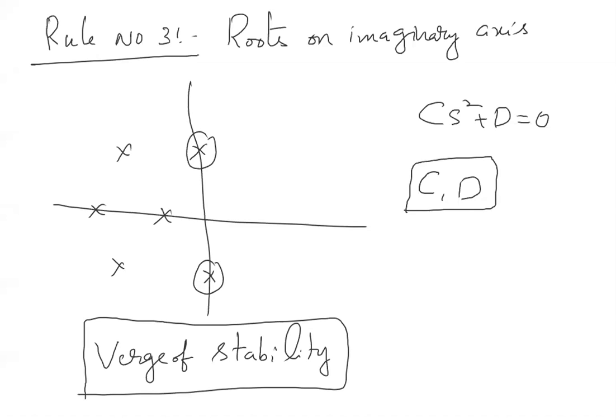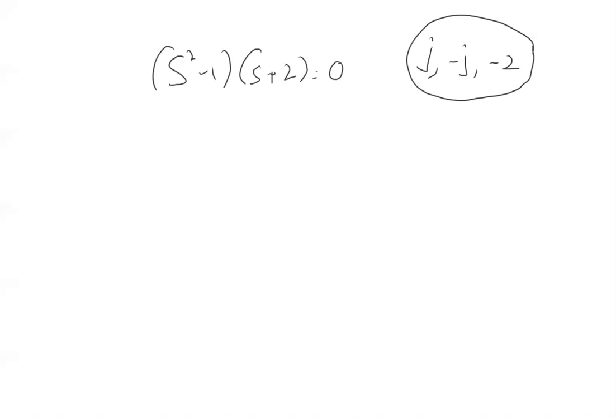See, this description, whatever I told, is available in the corner. So what is this rule? I'll explain the rule. Now let's take a known system, s square minus 1 into s plus 2. So what are the roots? J minus 2. Is this system verge of stability or unstable or stable?